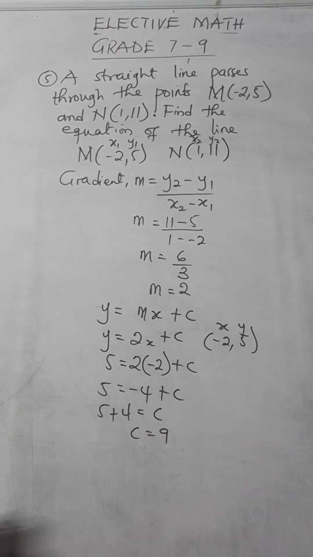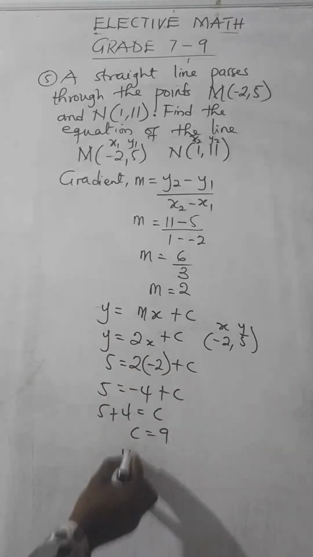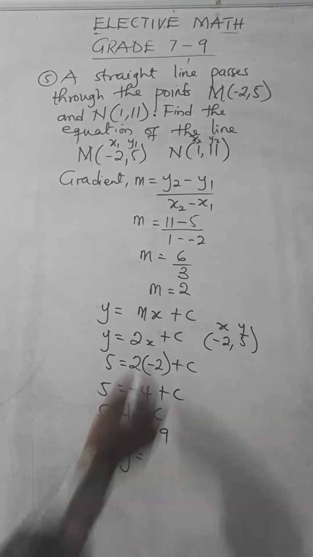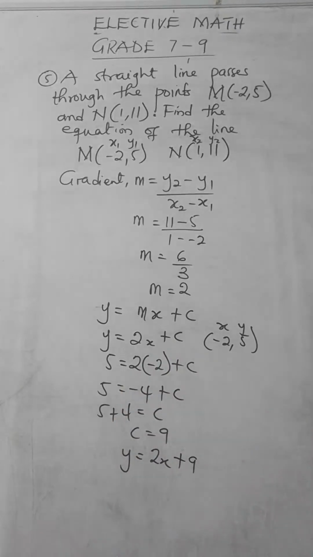So c is equal to 9. Then you put it into the relation to get the complete equation. So we have y is equal to 2x, and now c is what? 9. c is 9. Okay.